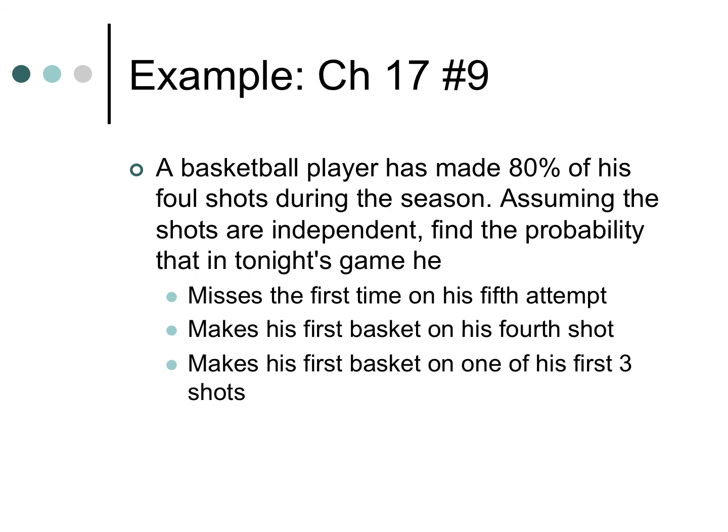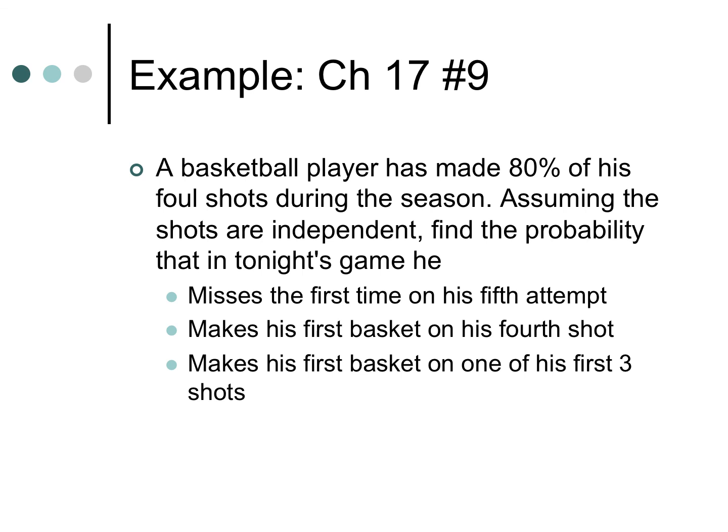So here's another example from our textbook. This is probably not number 9 anymore. Actually, it is. A basketball player has made 80% of his foul shots during the season.